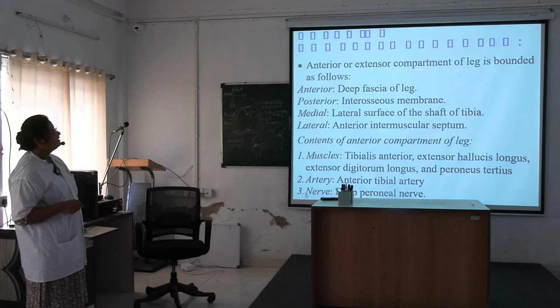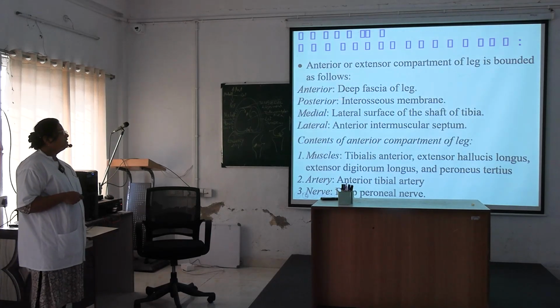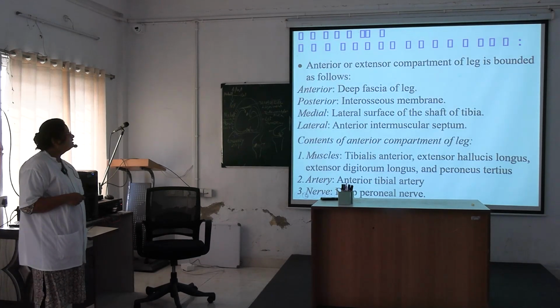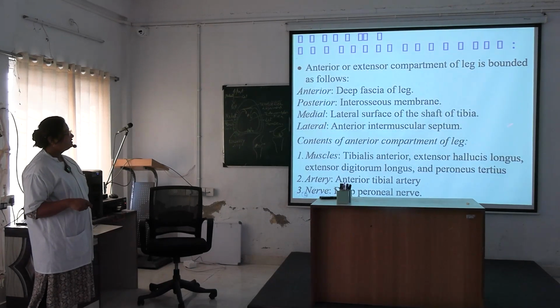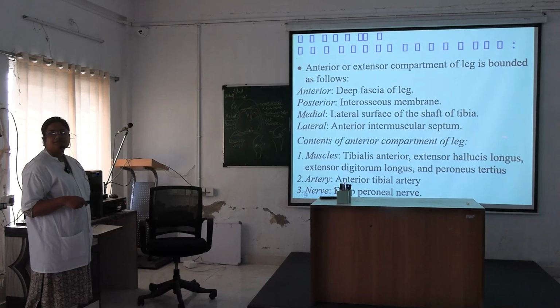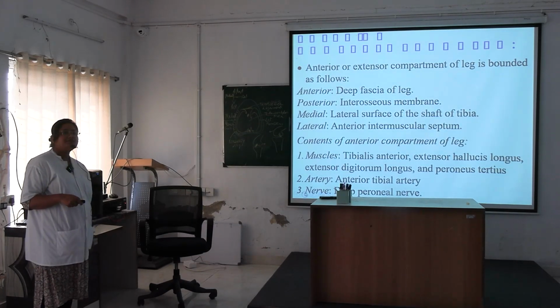The anterior or extensor compartment of the leg is bounded anteriorly by the deep fascia of the leg, posteriorly by the interosseous membrane, medially by the lateral surface of the shaft of the tibia, and laterally by the anterior intermuscular septum. What are the contents of the anterior compartment?